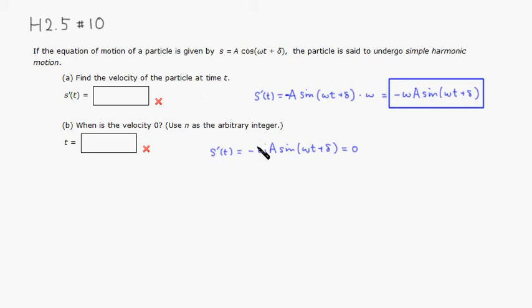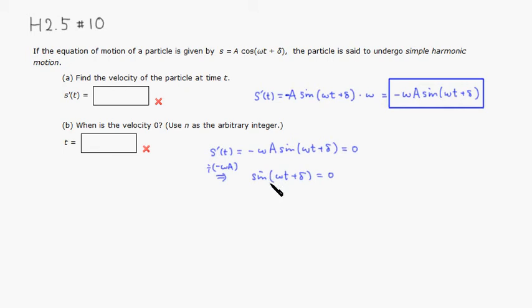First, we can just divide through by negative omega A, because that's just a constant. So you will get sine of omega t plus delta is equal to 0. Then you have to think about what angle makes sine 0.